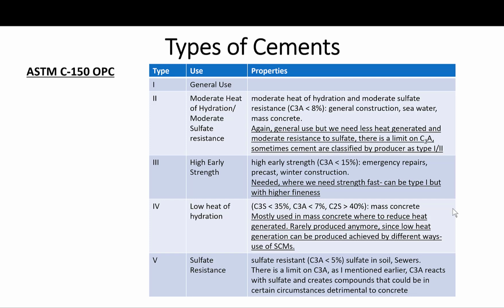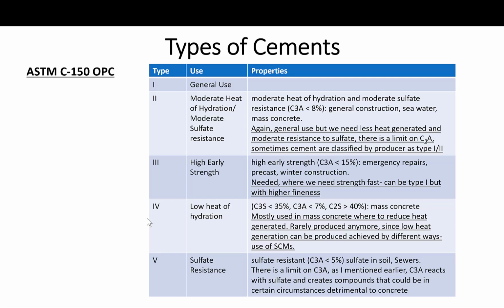I have to say though, this cement is rarely produced anymore, since low heat generation can be achieved in different ways, such as using supplementary cementitious materials such as slag or fly ash, where we can reduce the heat generated. So you may not find the type 4 cement available.